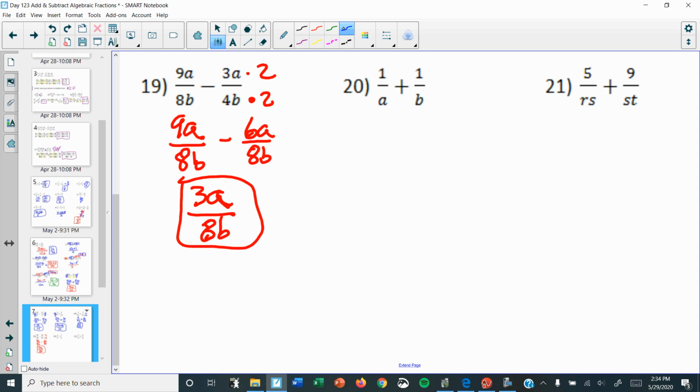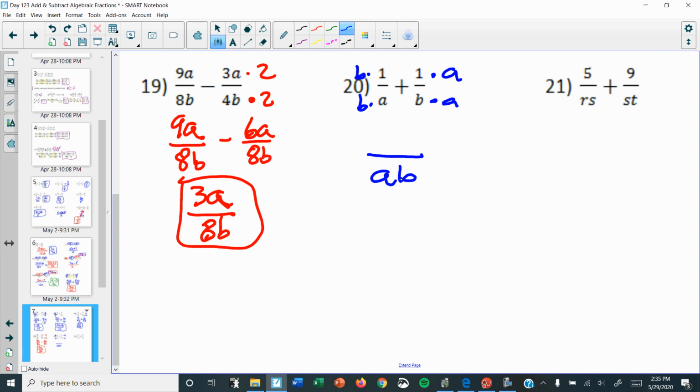Okay, variables. Do you think variables are any different? No. What does A and B both go into? How about AB? So what letter is this first one missing? It's missing a B. Whatever you do to the bottom, do to the top. This B is missing an A. So multiply the bottom and the top. Now, some kids go, should I write BA or AB? I mean, it doesn't matter. Personally, in math, we tend to go in alphabetical order. So I would like to make the denominator AB.